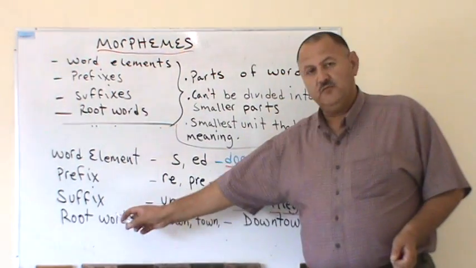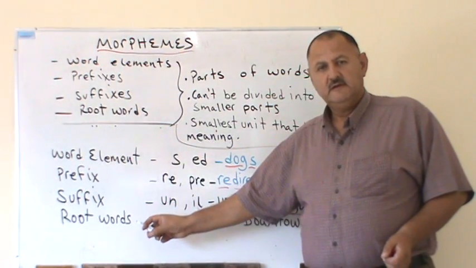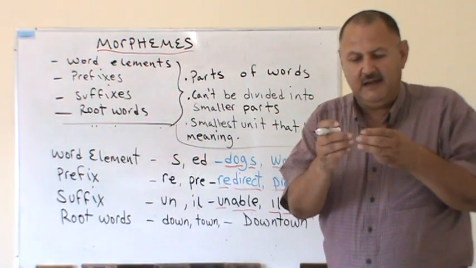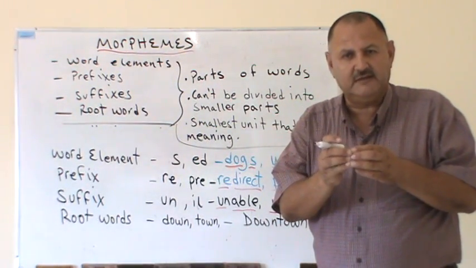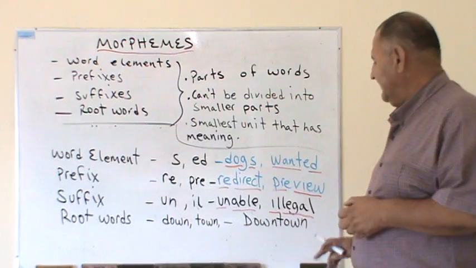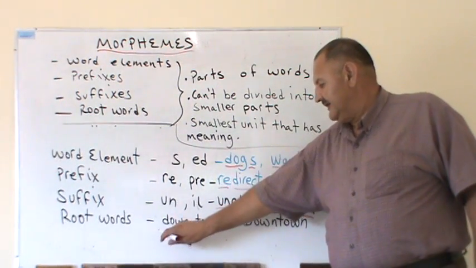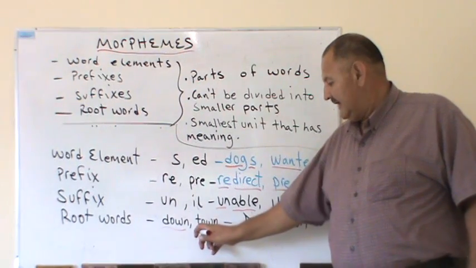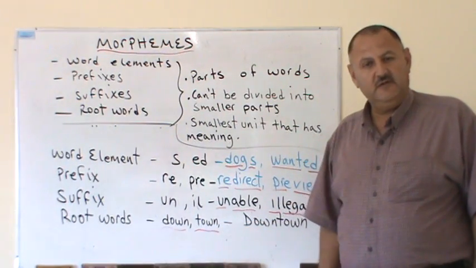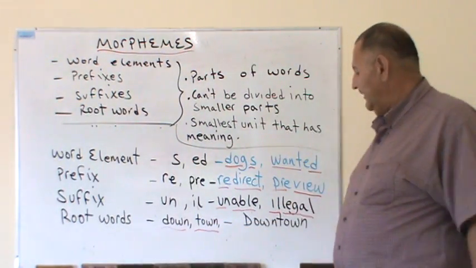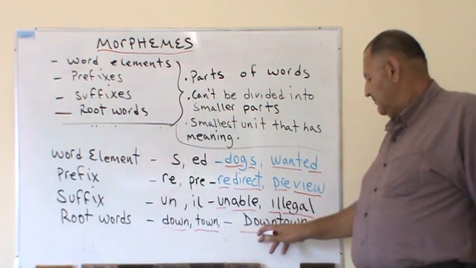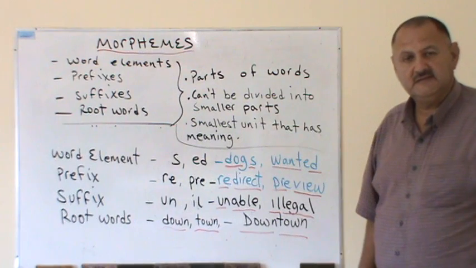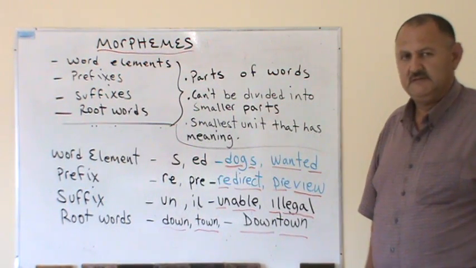And we also have root words. Now, sometimes when you combine root words, you create another word. Here's an example. The word down, that's one word. Town, that's another word. But when you put them together, downtown, now it means something different.